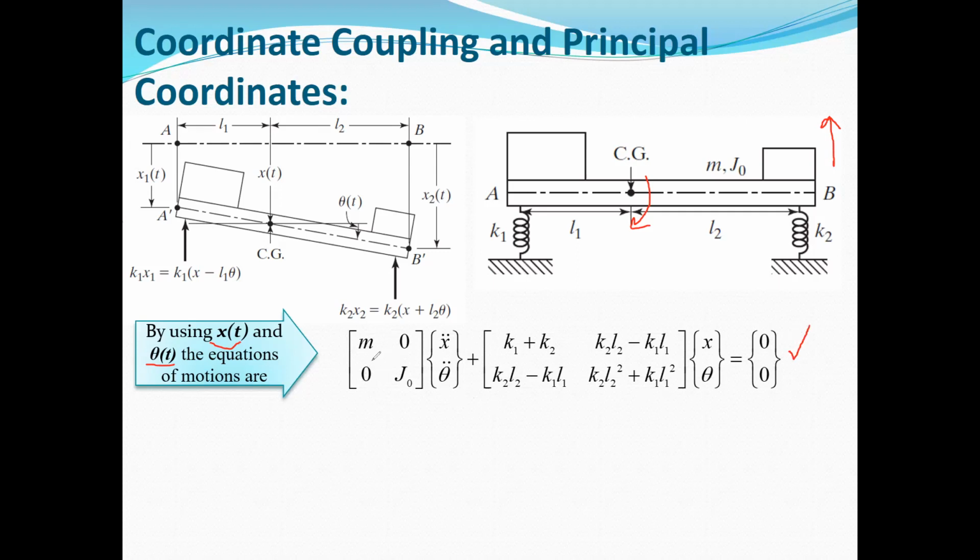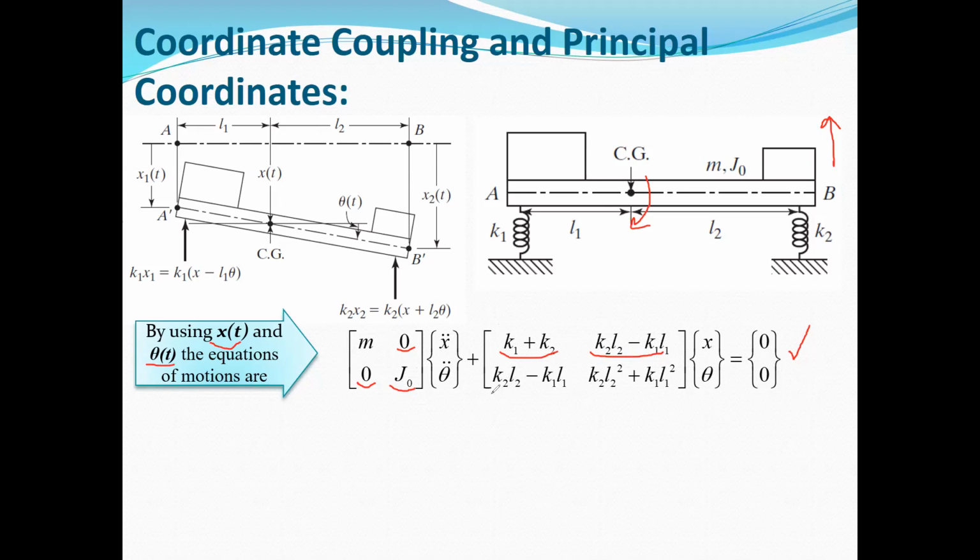As you can see in the first equation, we only have x double dot because the coefficient of theta double dot is 0, but we have x due to this term and also theta in the first equation. But in the second equation, the coefficient of x double dot is 0, but the coefficient of theta double dot is not 0 and is equal to J naught, the mass moment of inertia about the mass center.